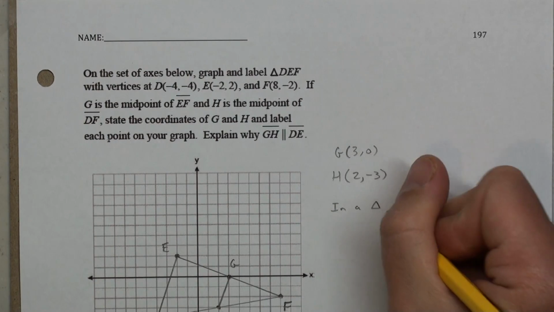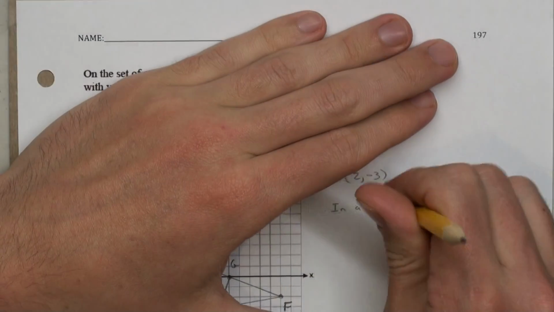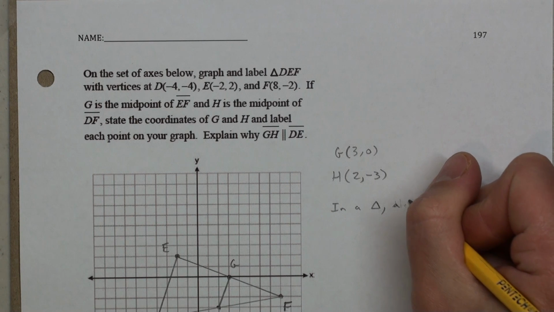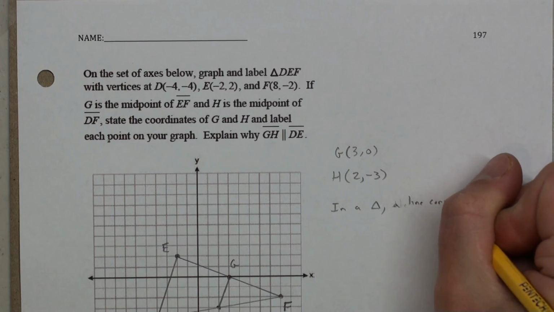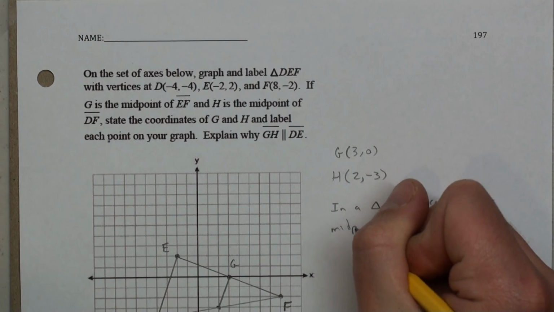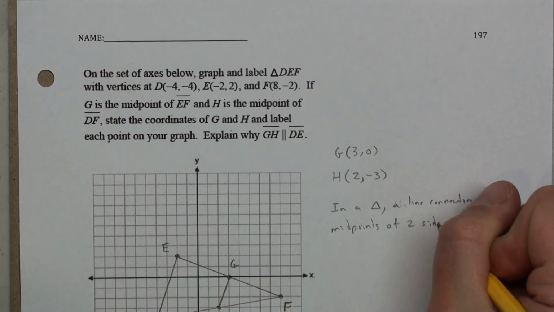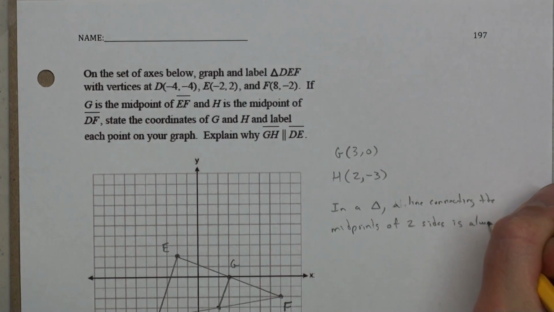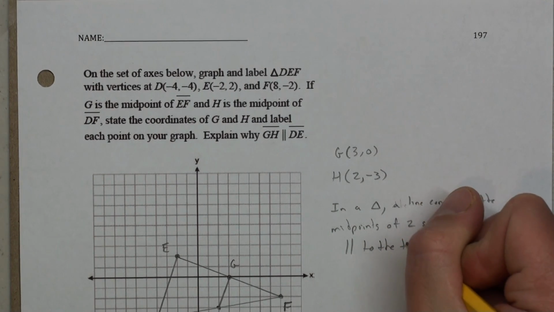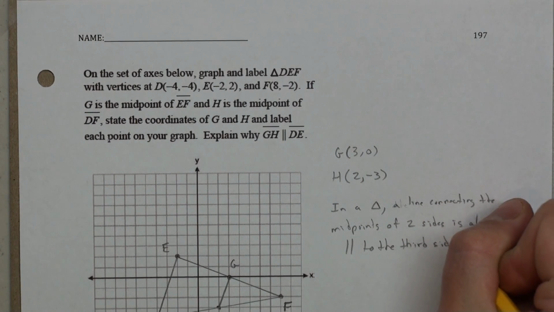In a triangle, a line connecting the midpoints of two sides is always parallel to the third side.